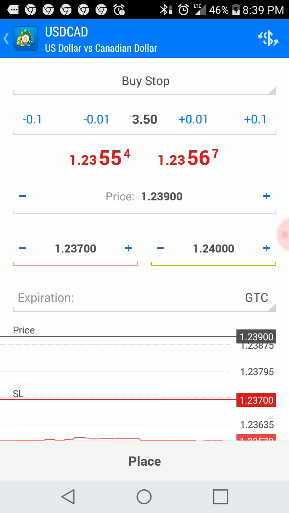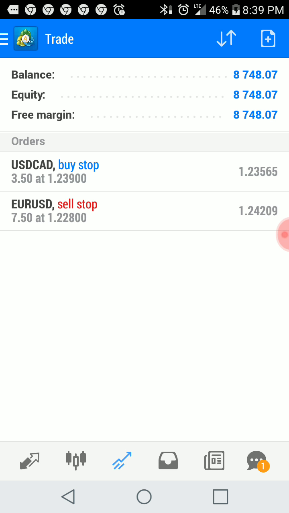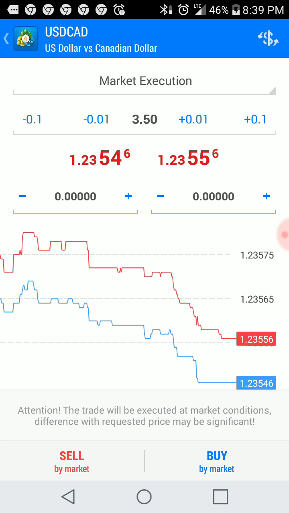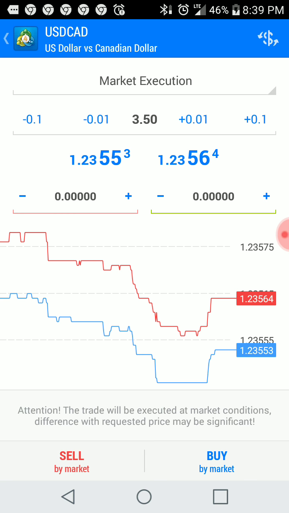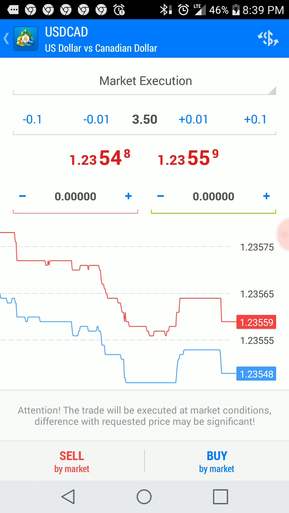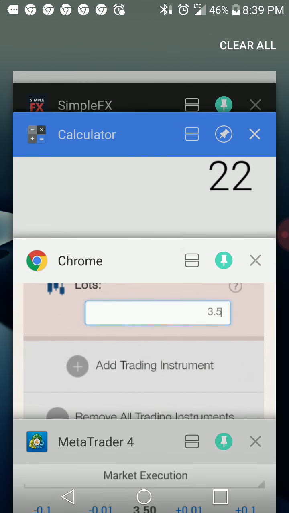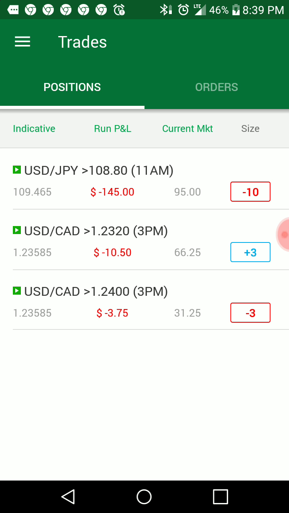So let's go ahead now and place the order, and we have our buy stop in place. We come over here to our Dollar Canada, and we have our sell stop at, let's look at this again, 23.20 is where we're going to be selling, is where we are going to lose our contract.